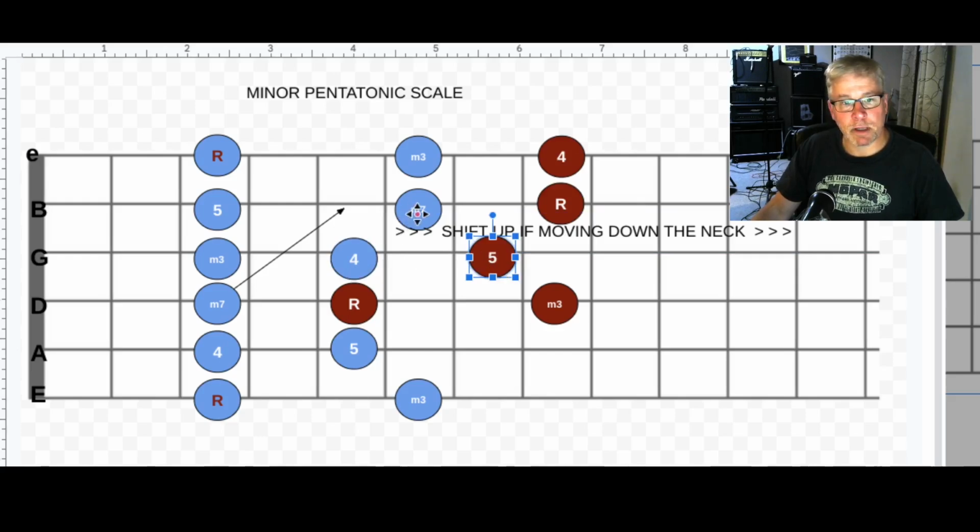Now normally this minor 7th would be above the 4th, but because we are traversing from the G to the B, this minor 7th, which would normally be right here, has to be shifted over by 1 note, and that's why it's there. And 2 frets over, we have the root note.